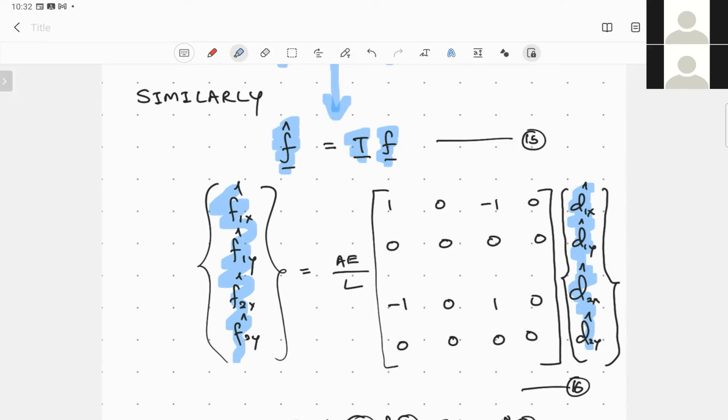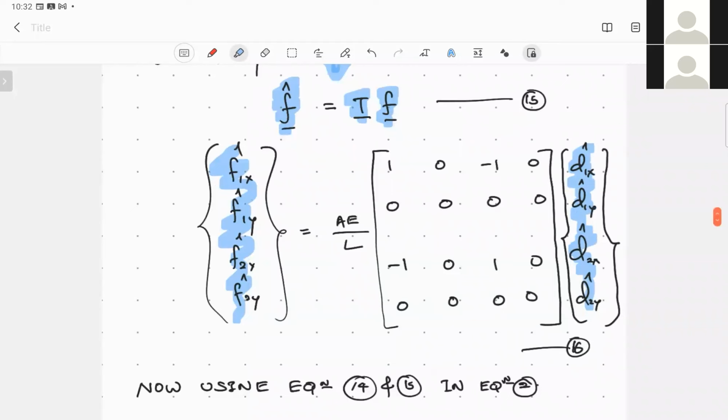The main idea is you move from a local coordinate system to a global coordinate system. You do it for the displacements and you do it for the forces. So we have the force matrix in the local coordinate system and the displacement matrix in the local coordinate system.